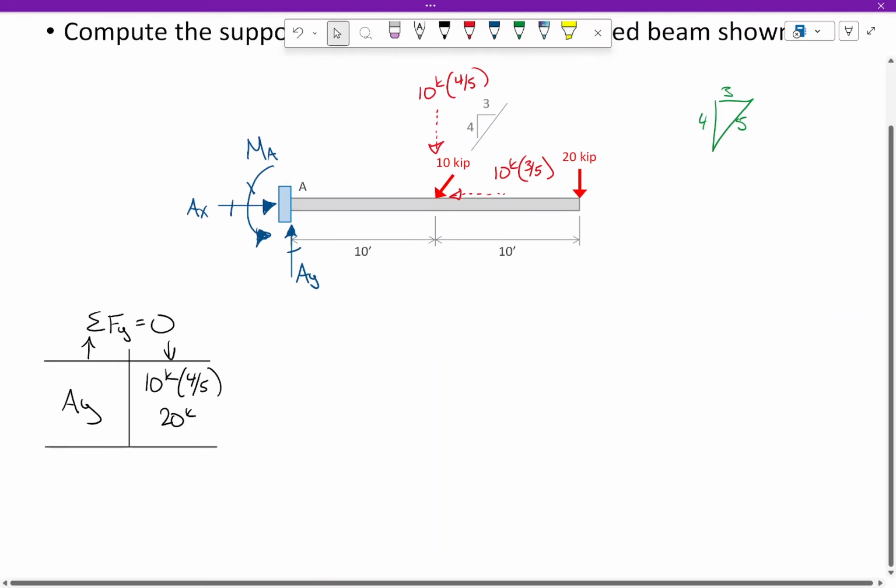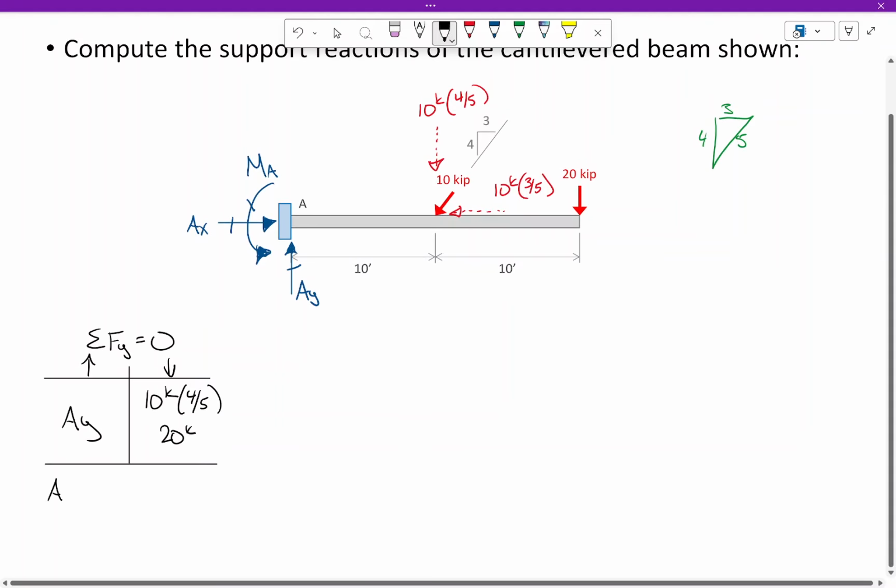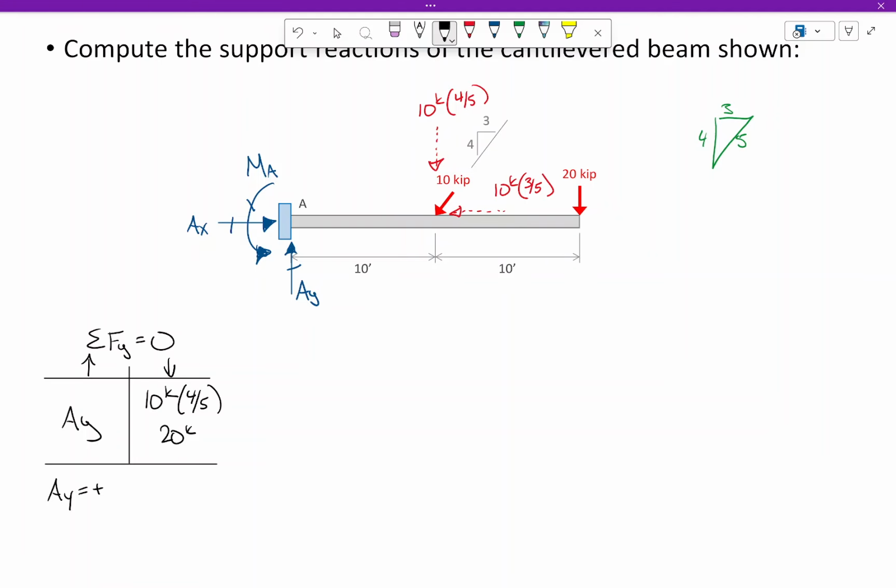So that means that AY is what? 10 kips times 4/5, that's 8. 8 plus 20 is 28, so that's just 28 kips. Does that make sense? Again, all the strategy element goes away. You can do it in whatever order you want. Okay?